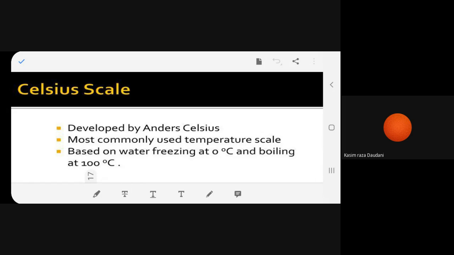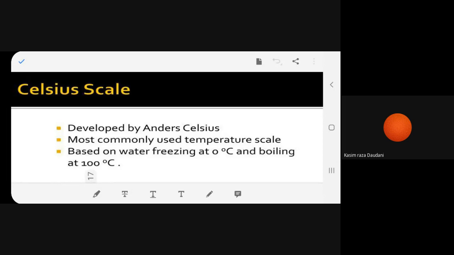Beta, it is degree. Read it again. Most commonly used temperature scale based on water, freezing at 0 degree Celsius and boiling at 100 degree Celsius.